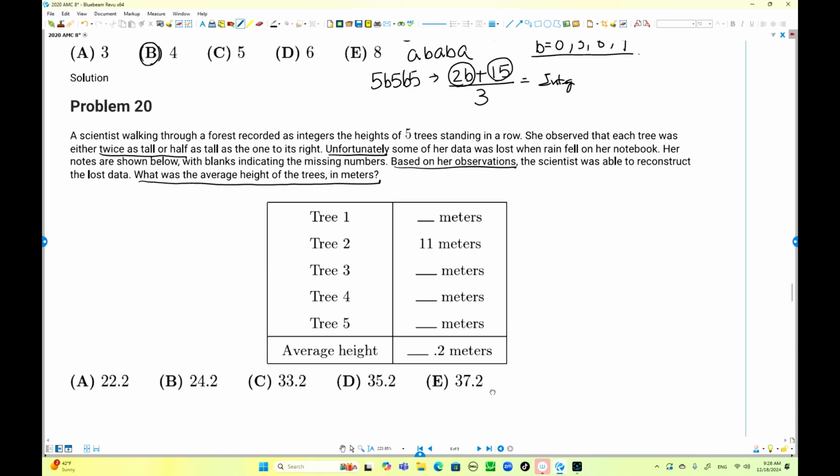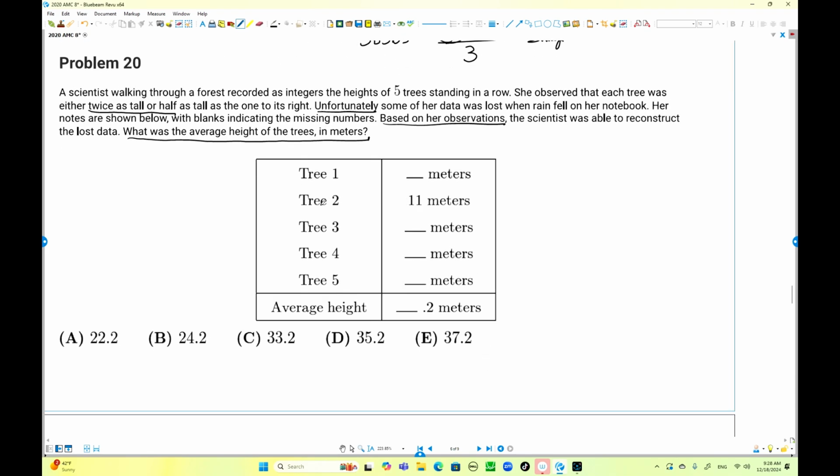Okay, all right. The second tree is given over here. If this is 11, what is the next number? Twice or half? The next is twice or half of 11. Twice is 22, or half is 5.5. This one, twice is 88, half is 22.